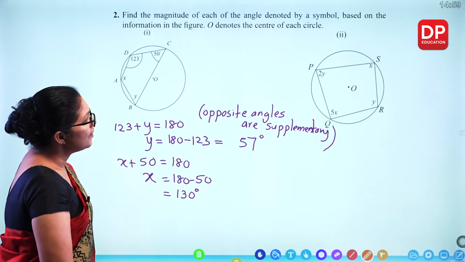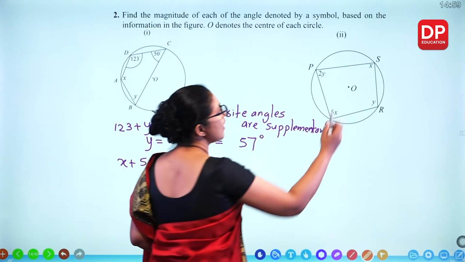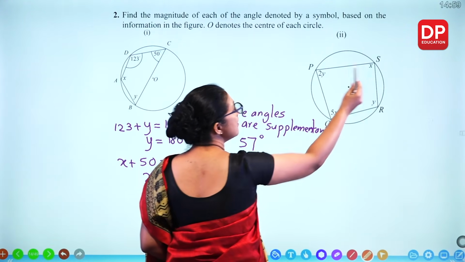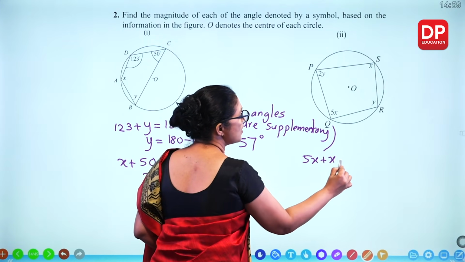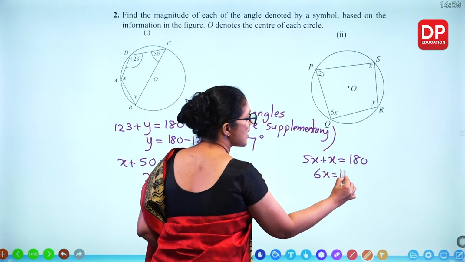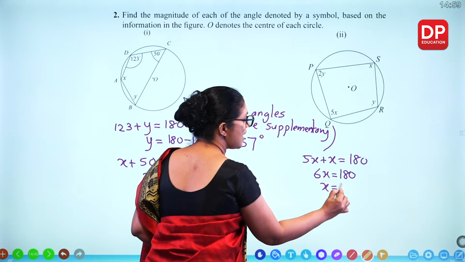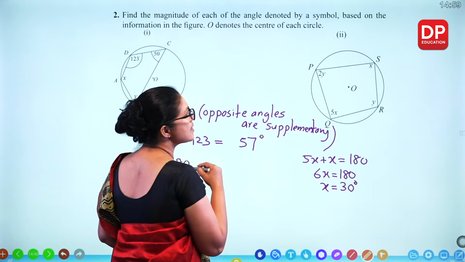Look at second one. That's also cyclic quadrilateral. You can add these two. 5x plus x is equal to 180. So 6x equals 180, x equals 180 divided by 6, you get 30 degrees.